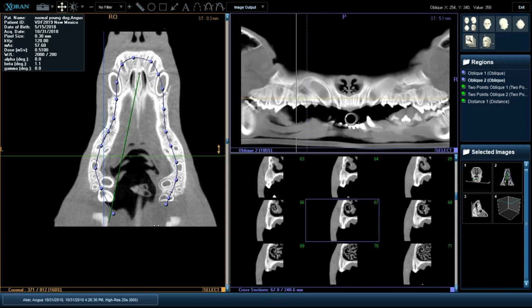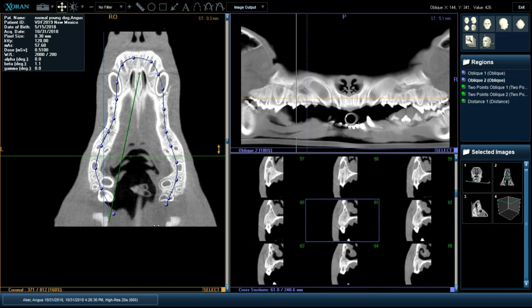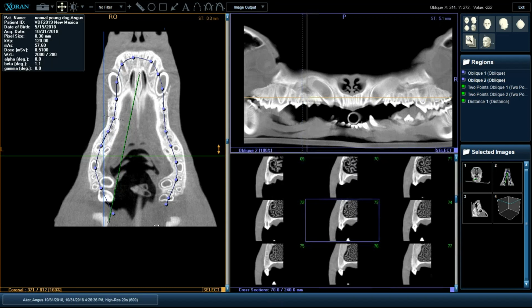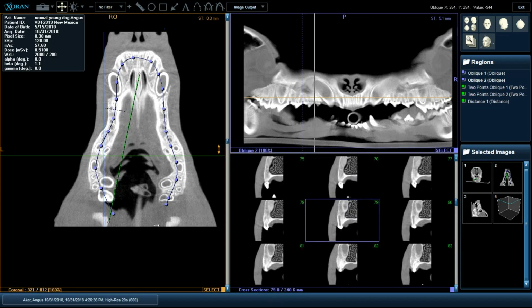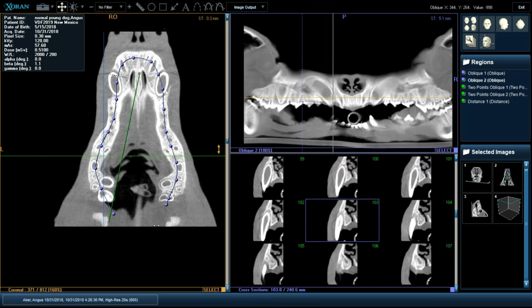So when I move this line here, we're actually traveling by looking at buccal lingual cuts perpendicular to this dashed line. And that is another way to be able to see bone loss and periapical lesions in a very efficient way.